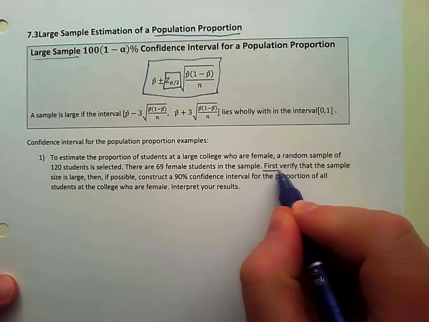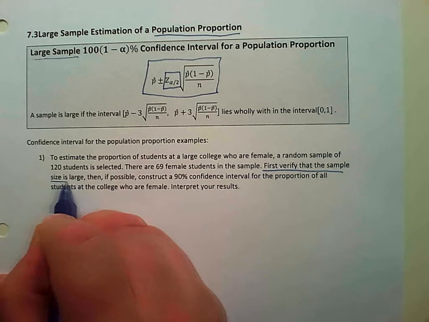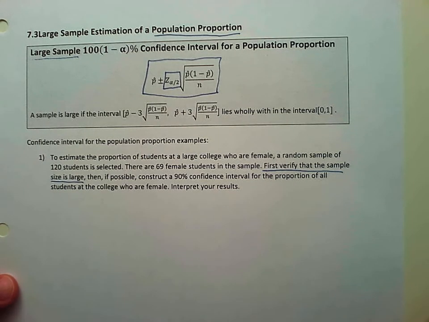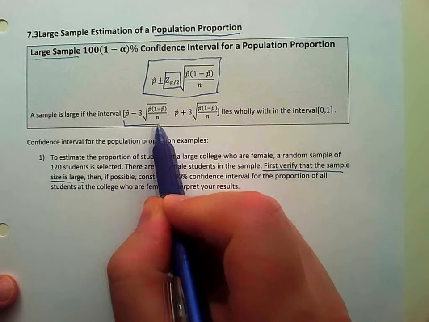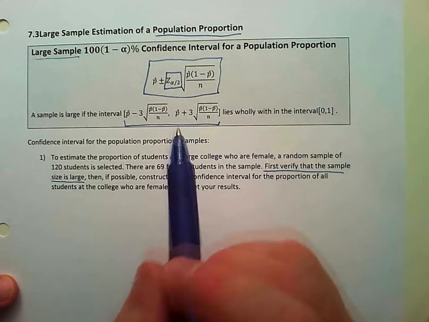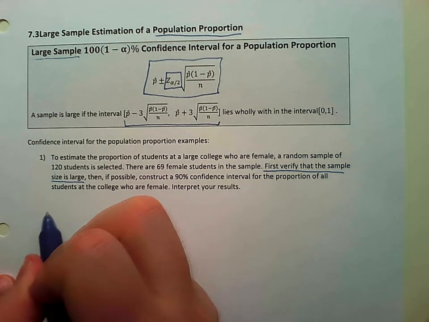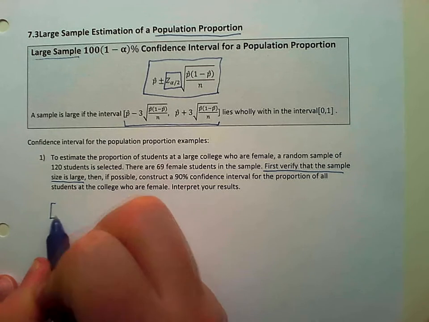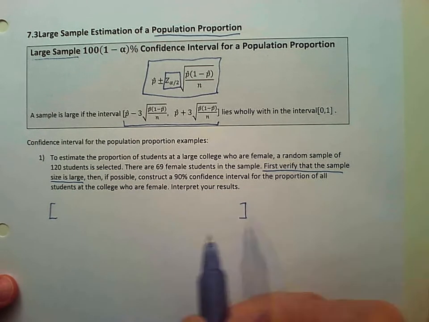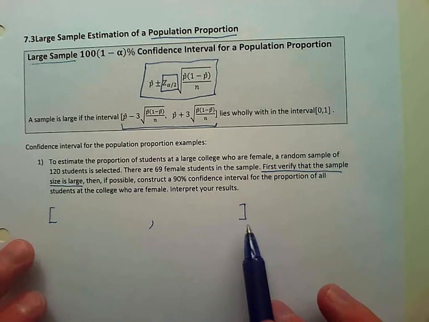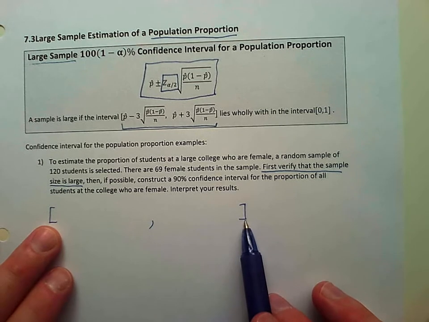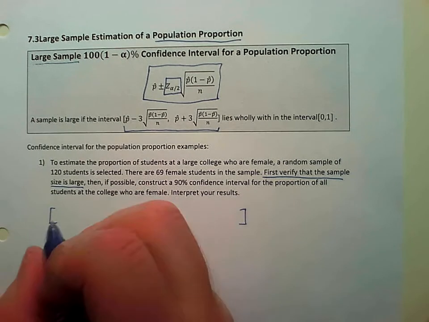So the first thing it wants us to do here is verify that the sample size is large. And how do we verify that? We have to calculate this interval right here. So let's do it. We have an interval, just like we had on the previous page, but now we're using these square brackets.